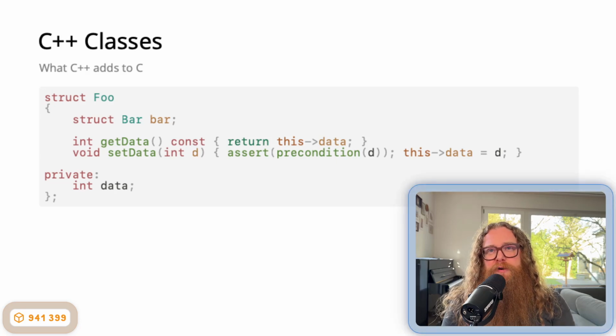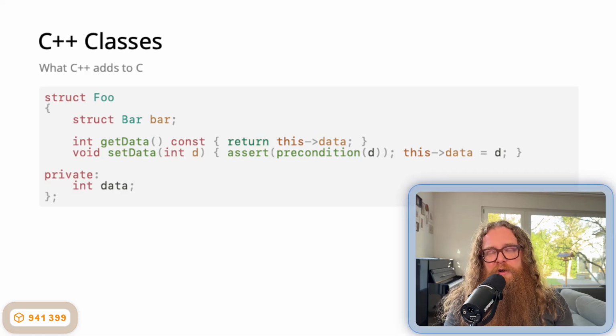The first data member here, bar, is another struct, which is a common pattern in C: having another struct as the first data member. This is implemented as some kind of inheritance because the memory layout of the structure guarantees that if it's at the start, the foo and the bar point to the same address.